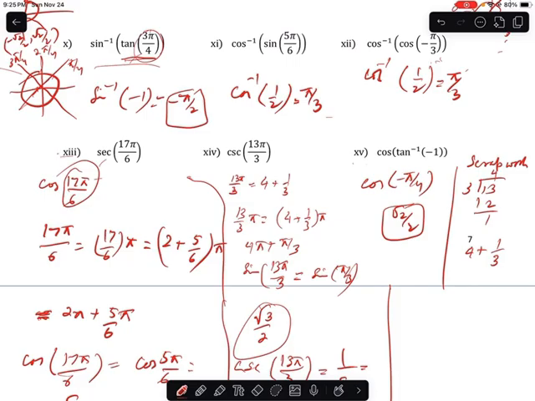That will be 1 over this value, because cosecant is 1 over sine of this angle, so we get 1 over square root of 3 over 2, or 2 over square root of 3, which can be rationalized like before, and we end up getting 2 square root of 3 over 3.